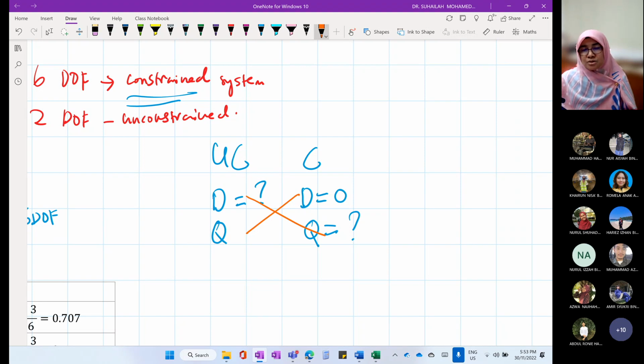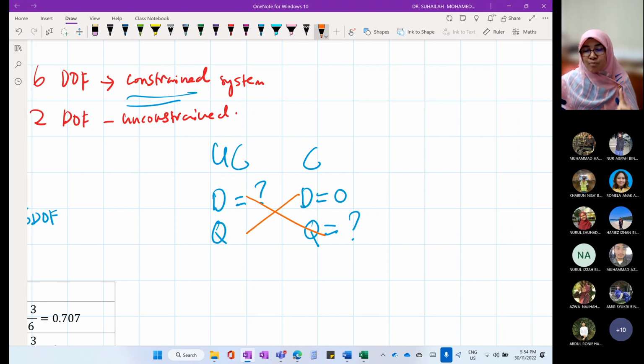When it can move, there is an unknown displacement. So the unknown displacements are the first output. And Q in unconstrained, because it is opposite, has a value here. This is the known value.